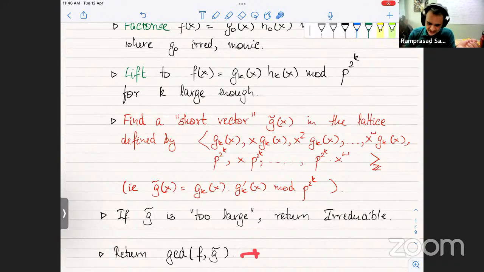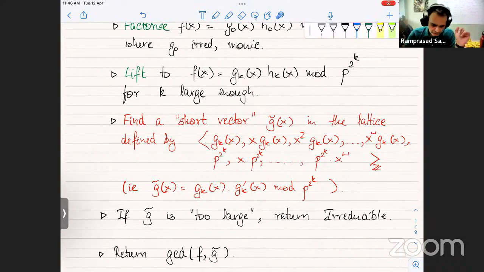This was based on analyzing the resultant of f and g tilde and showing that as an integer it is smaller than p power 2 power k, if you recall what we did previously. So this was roughly where lattices fit into univariate factorization over integers.